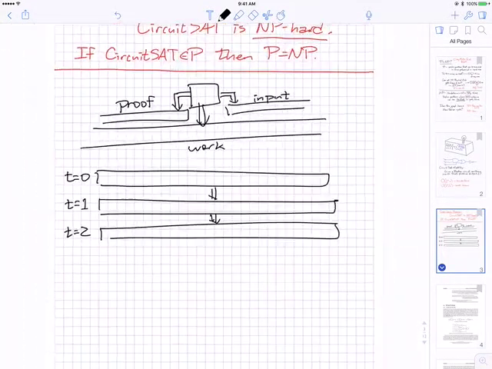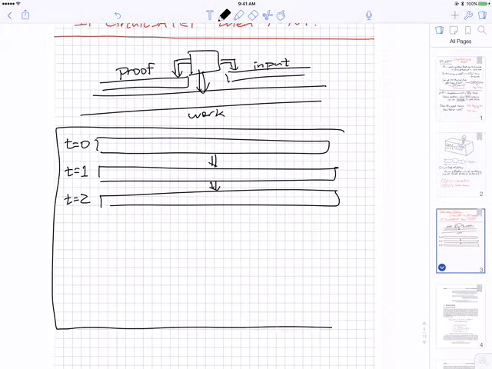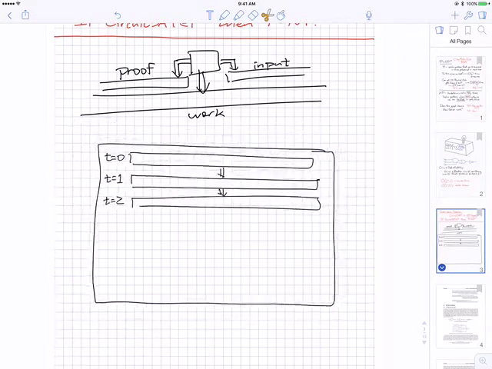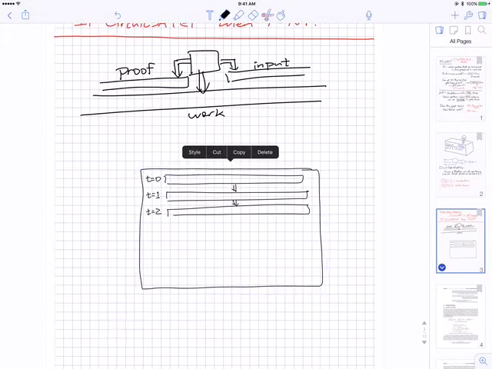So if you imagine sort of taking all of these, there's a polynomial number of these layers because I want the running time of the algorithm, sorry, I want the Turing machine to halt after a polynomial number of steps. Okay, so I'm going to imagine this is some sort of black box.